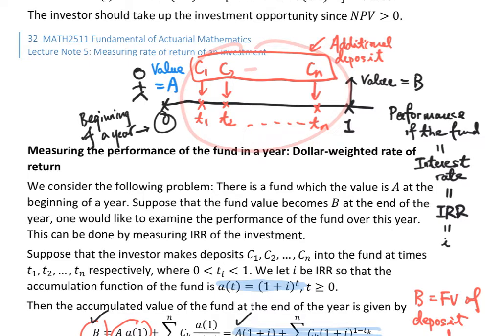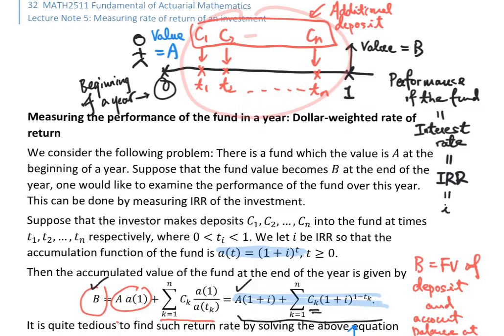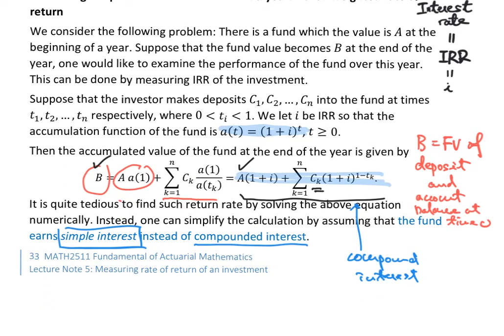So we expect that whether you use simple interest or compound interest, it does not make a huge difference. So what we are going to do is assume that the fund earns simple interest instead.